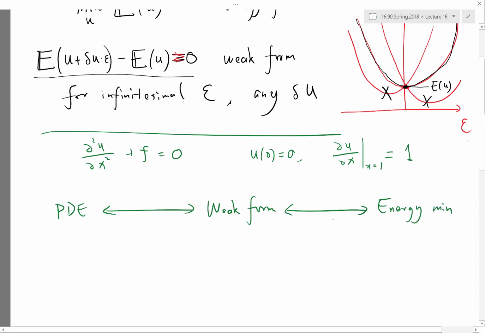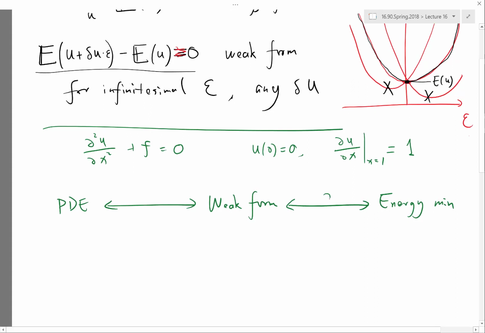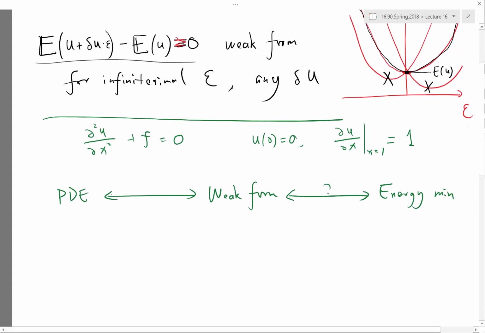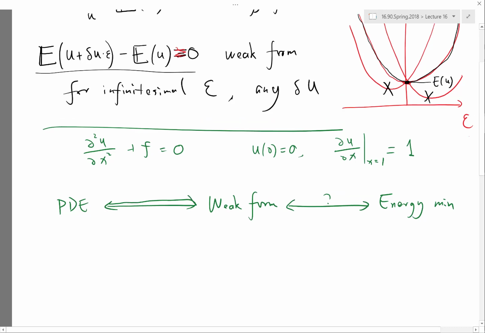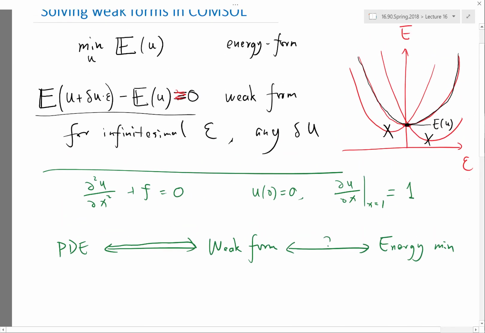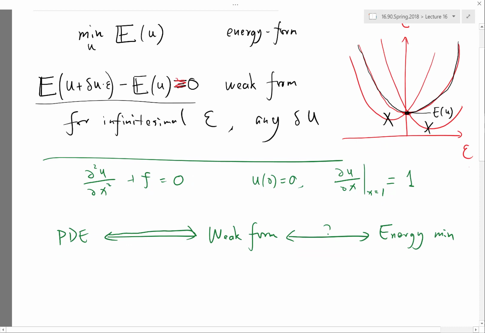So this link works for some equations, doesn't work for other equations, and this link generally works for most of these equations. So I should put a question mark over here. So here we are going through this path, right? Up there, I'm showing this path.